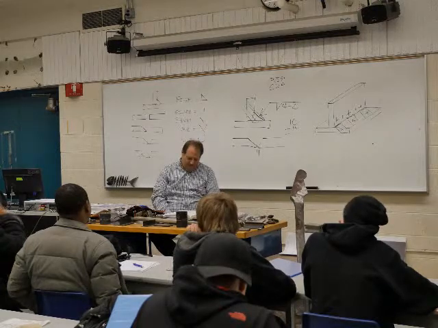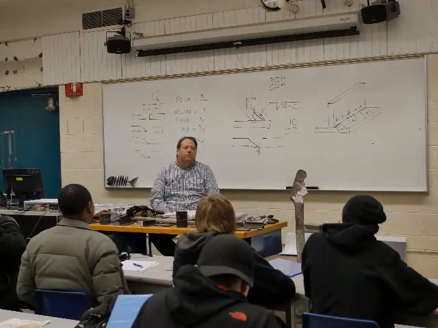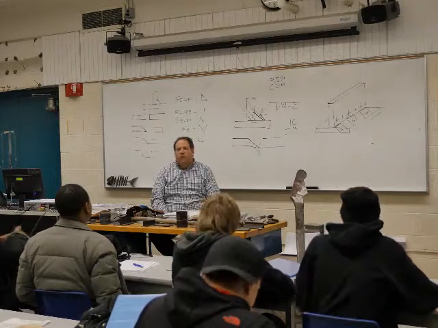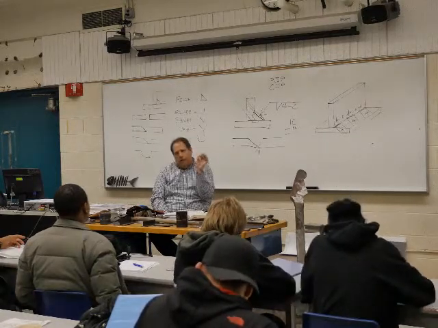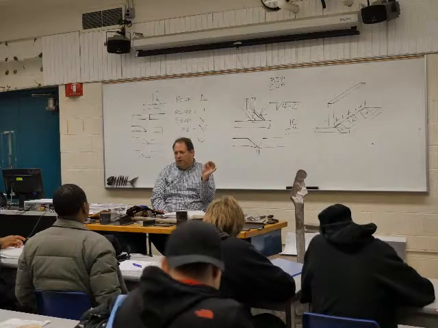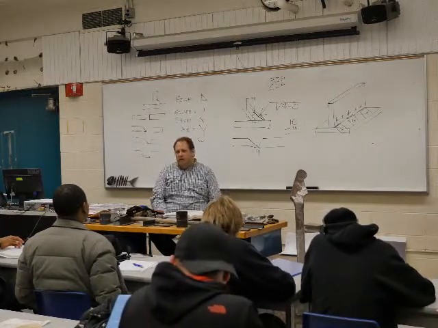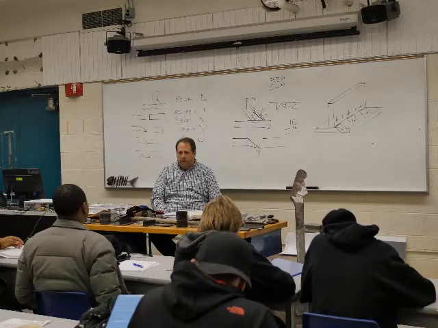Now, it is partial joint penetration and complete joint penetration. If a weld is butted up tight, you're probably looking at a partial joint penetration, meaning that it's not going all the way through. But if you've got root openings and things like that, you're looking at complete joint penetration.